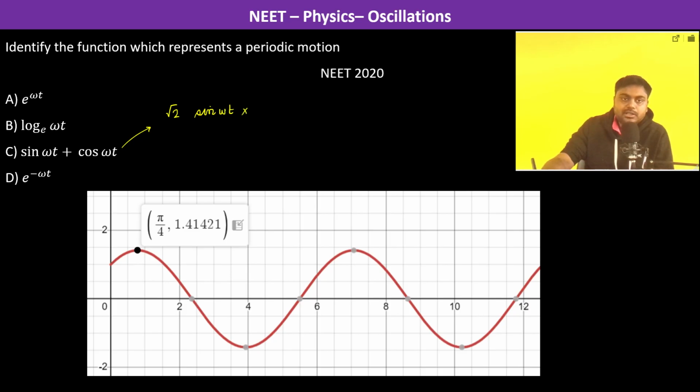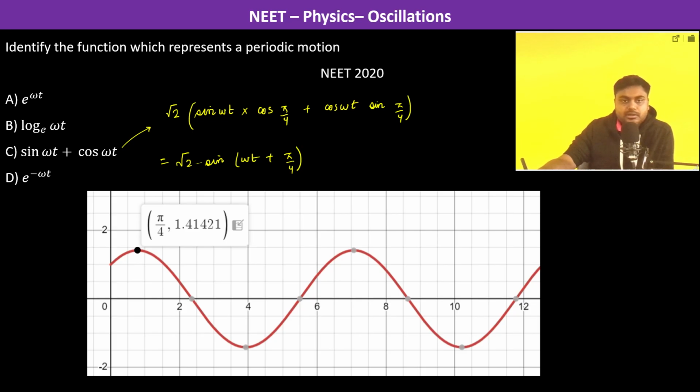Now 1 by root 2 is basically cos of pi by 4, and plus this becomes cos omega t into sine of pi by 4. So this is basically root 2 into sine of omega t plus pi by 4.